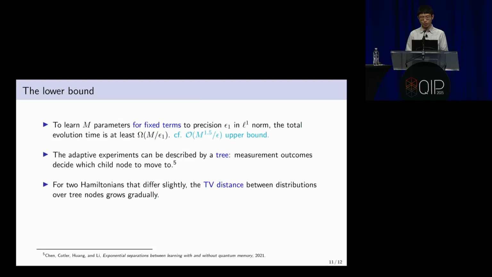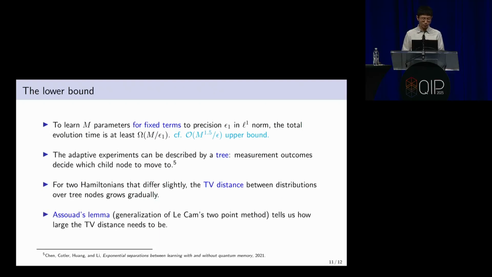And if we're learning a Hamiltonian, we're naturally able to distinguish two Hamiltonians that are close together. For two Hamiltonians that differ slightly, the TV distance between distributions over these trees will grow gradually as you evolve with the Hamiltonian.